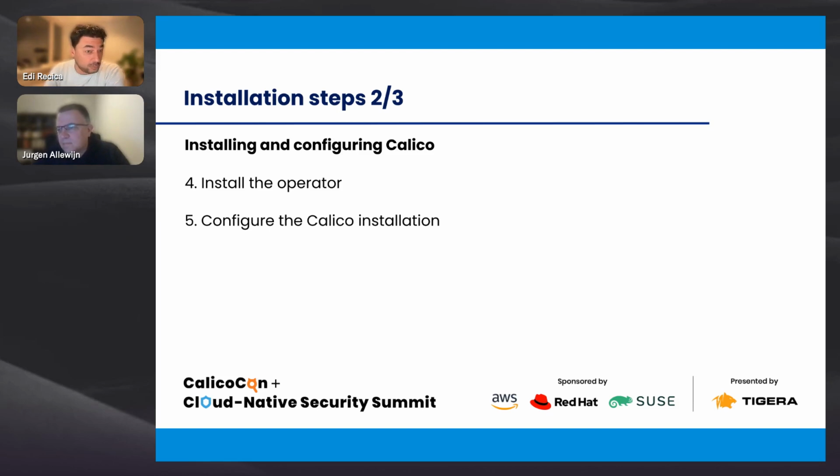For those who don't know, the Tigera operator manages the life cycle of Calico and Calico Enterprise, of course, and its goal is to make installation, upgrades, ongoing life cycle management, and those kinds of things simple and reliable. So if I just stop sharing this and share my screen, I will show you how easy it is.